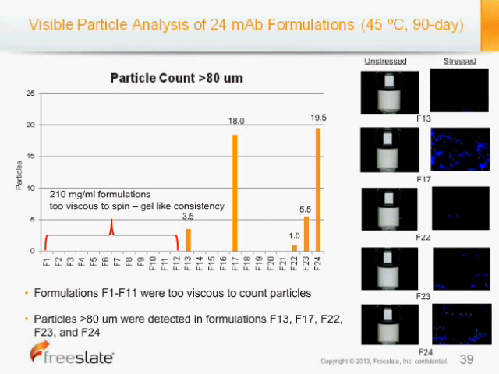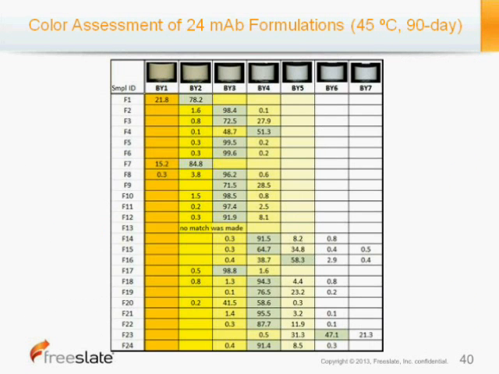The last analysis that we did was color assessment, and what you can see in this slide is the standards that we ran, which is BY1 through BY7. And what you can see in the analysis is that the 210 milligram per mil formulations, which were from F1 to F12, that the color was predominantly in the BY3.